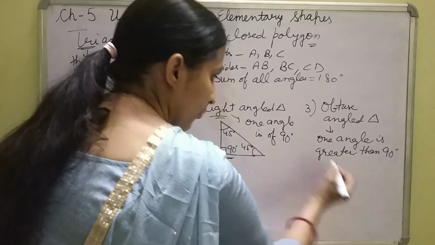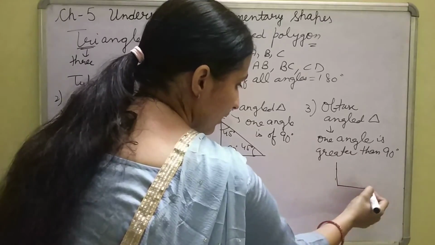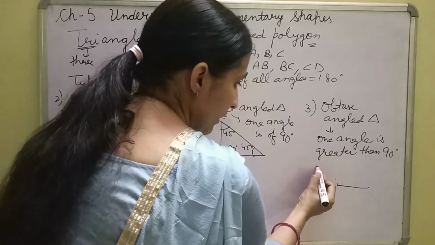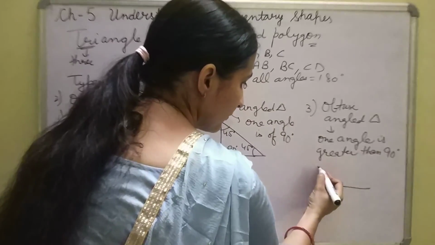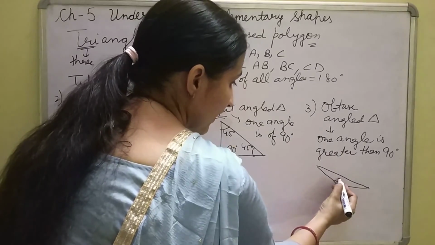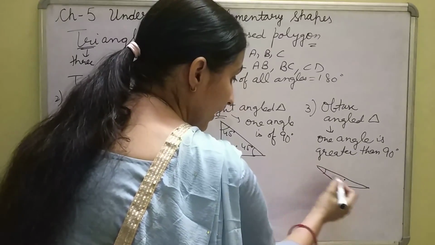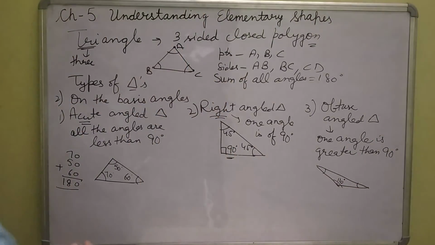Means it is more than a right angle. So it may be like this. This kind of triangle. Let's say it is 110 degree and the rest of the two angles have the sum of the remaining part, that is 70 degree. So this kind of triangle is obtuse angle triangle.